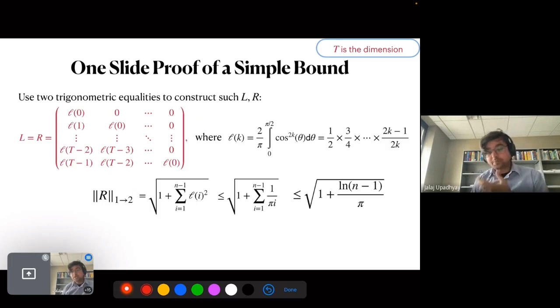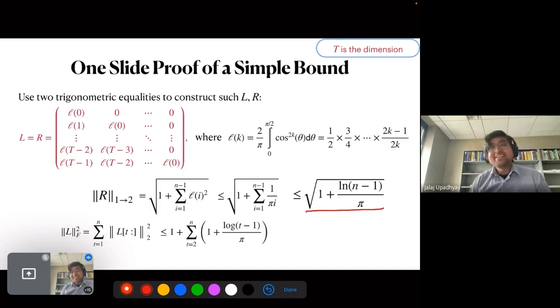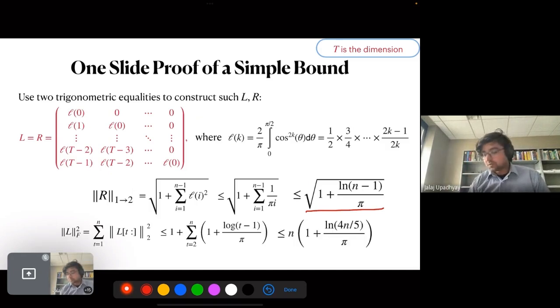And now you can compute the Frobenius norm of L as well, because all of the entries are the same for L and R. So I have done all the hard work here, quote unquote. Then I get the upper bound by just computing the Frobenius norm, which comes out like n times 1 plus log n, 4 by 4.